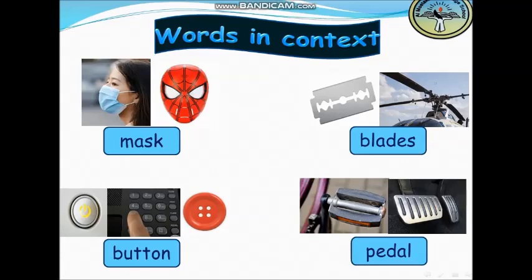You move your legs between them. You press on the gas when you want the car to move, or you press the brakes when you want it to stop, and both are pedals. So the pedals, you can see them in a bicycle or in a car. Okay, those were the words in context.